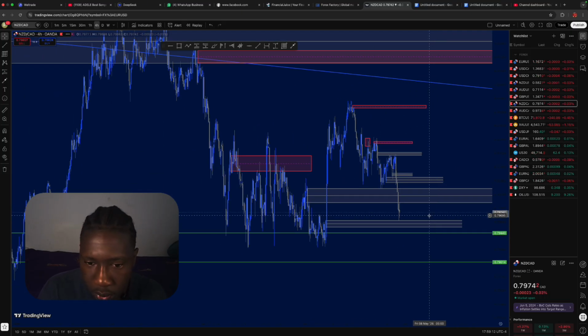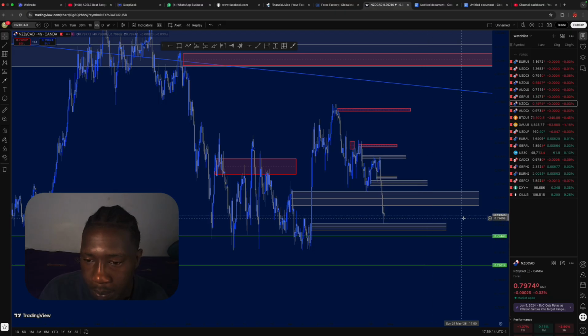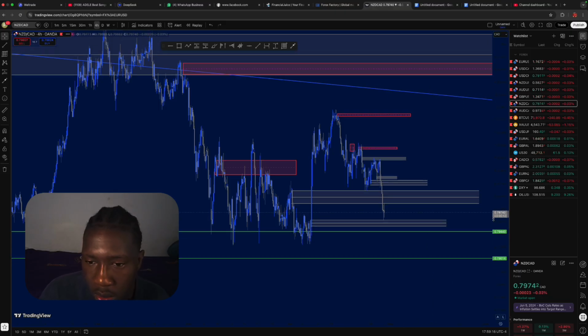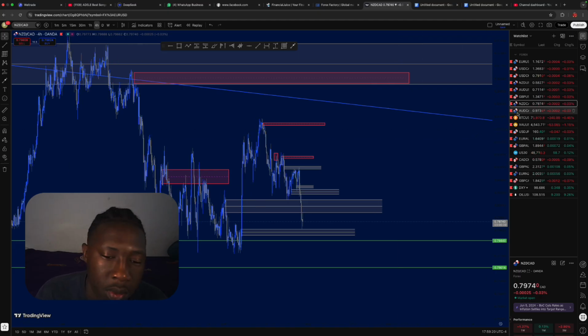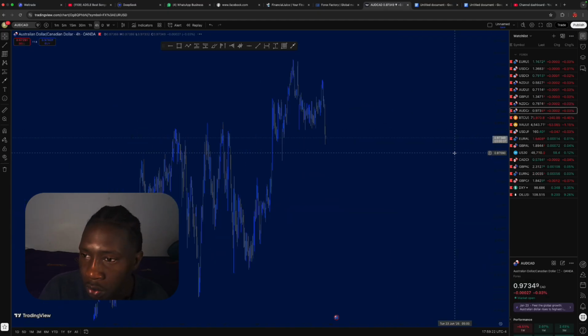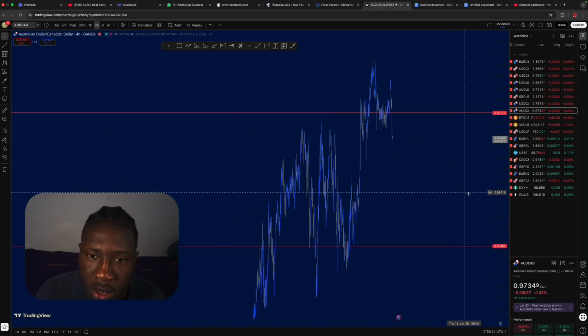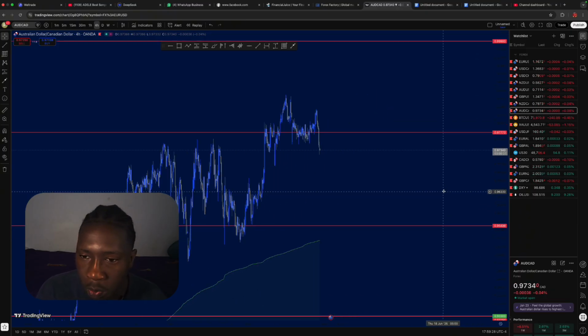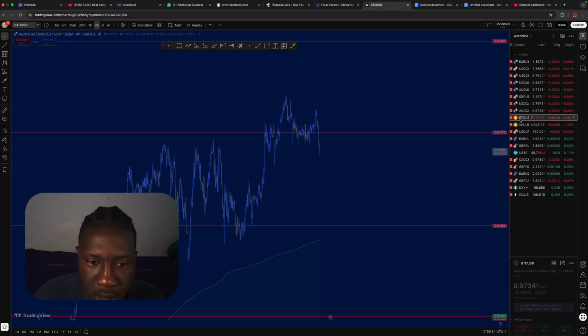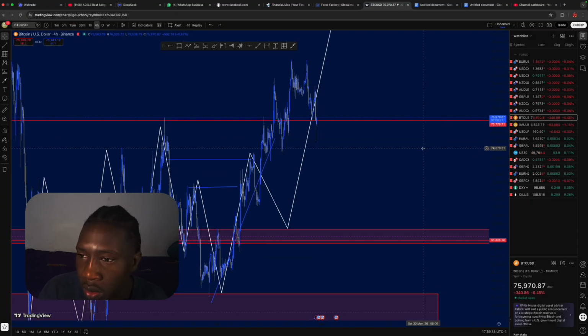So I missed it because of the structure that I was looking for. So we move to AUD-CAD. AUD-CAD was also moving down, but I don't want to analyze this one.